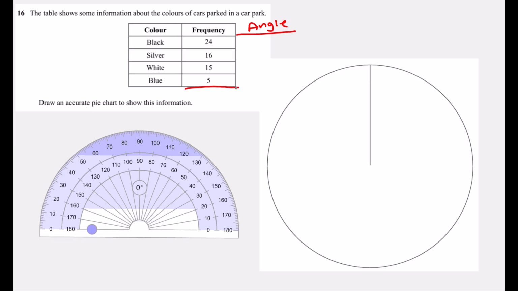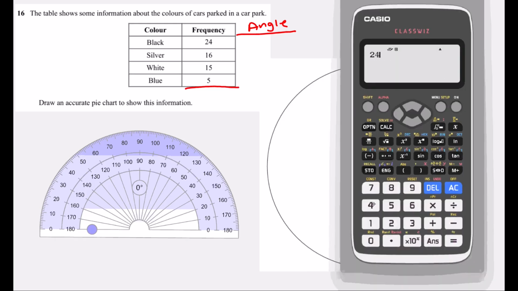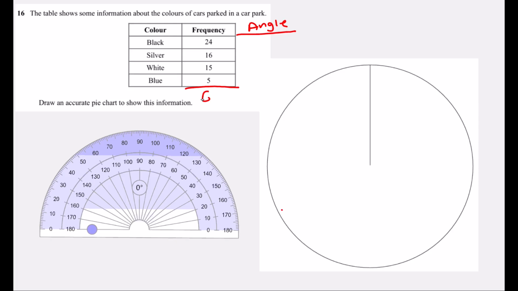To do that, let's add up how many cars we have, what the frequencies add up to, and that is 60. And the angles, the whole way round, angles around the point, have to add up to 360 because we want it to make the full circle.